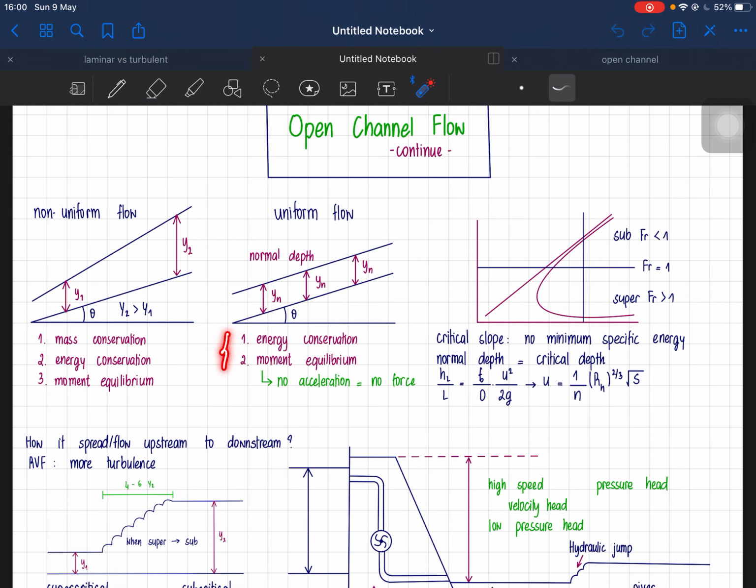So for the critical slope, I think we have done some exercises on this one, so I guess you have understood it. Froude number less than 1 is subcritical flow, more than 1 is supercritical flow, and if it's equal to 1, it is critical flow. Okay, and this is the formula that I don't think we have to use yet, but as soon as possible we're going to use it.